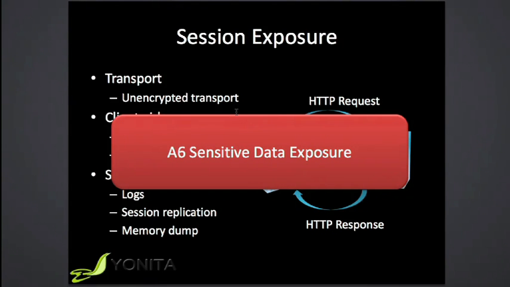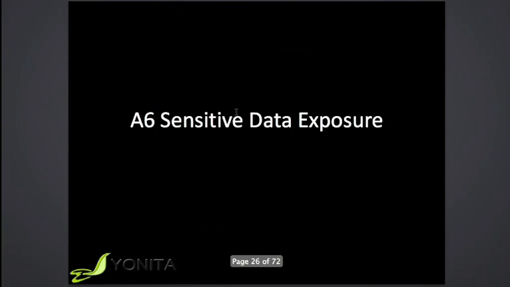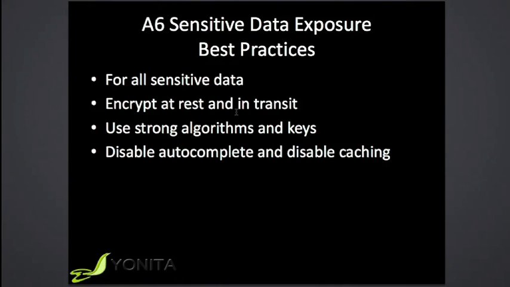Think about session ID as your sensitive data, right? So it's connected to another security risk from the OWASP list, sensitive data exposure. For all sensitive data, including cookies, including passwords, including credit card numbers, including social security numbers, and so on, encrypt at rest and in transit.